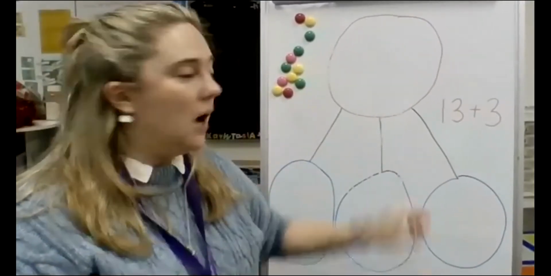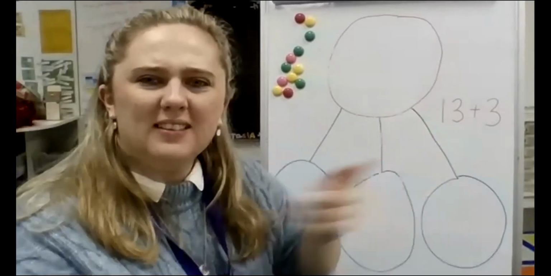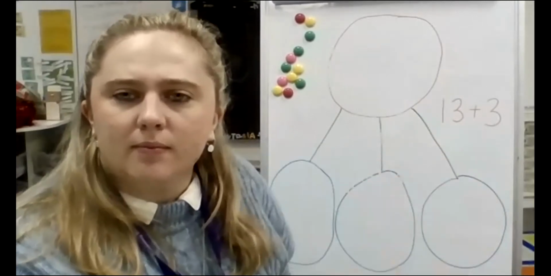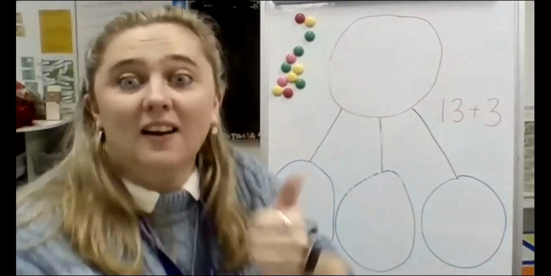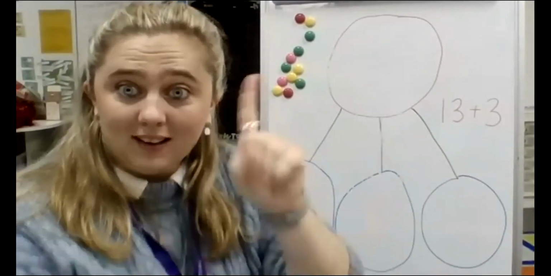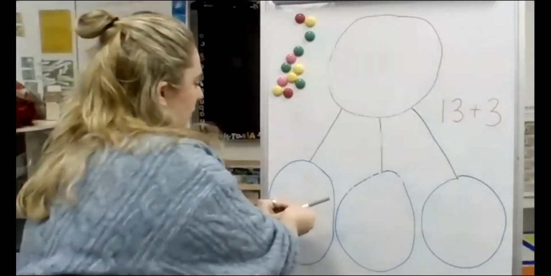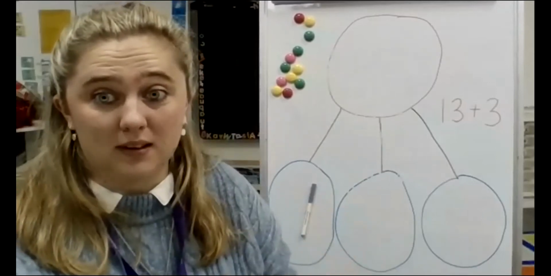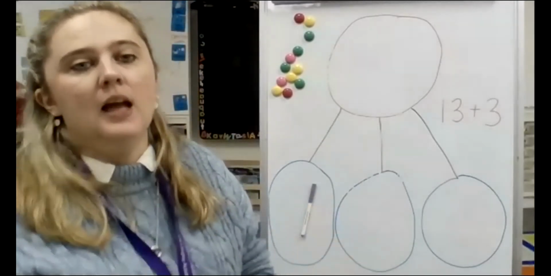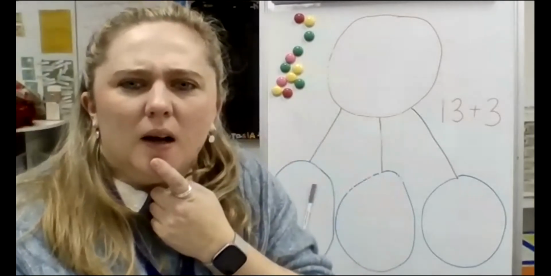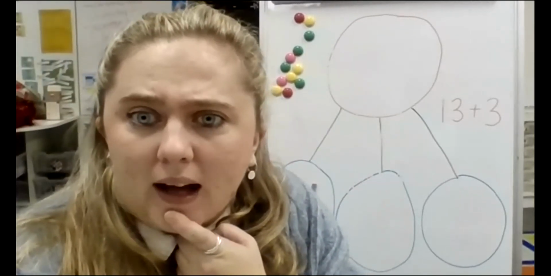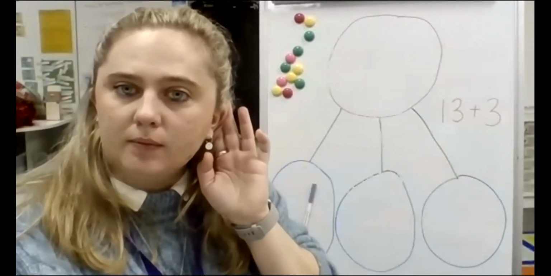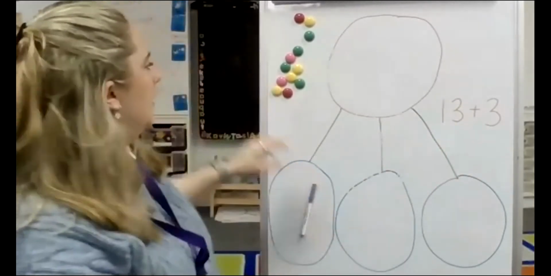Do we have any 10s in this first number? Yes, fantastic. How many? 1, well done. So we have 1 ten. Remember, the 10s are represented with our pen. And how many 1s do we have in this number here? 3, well done.